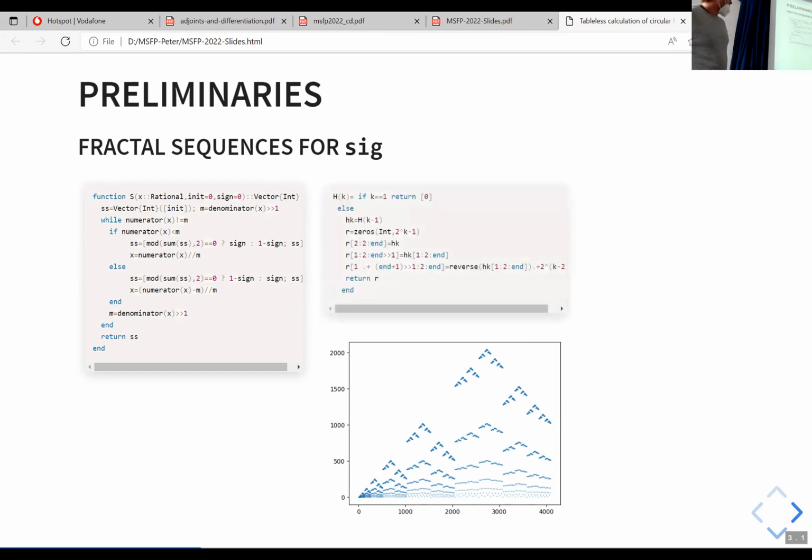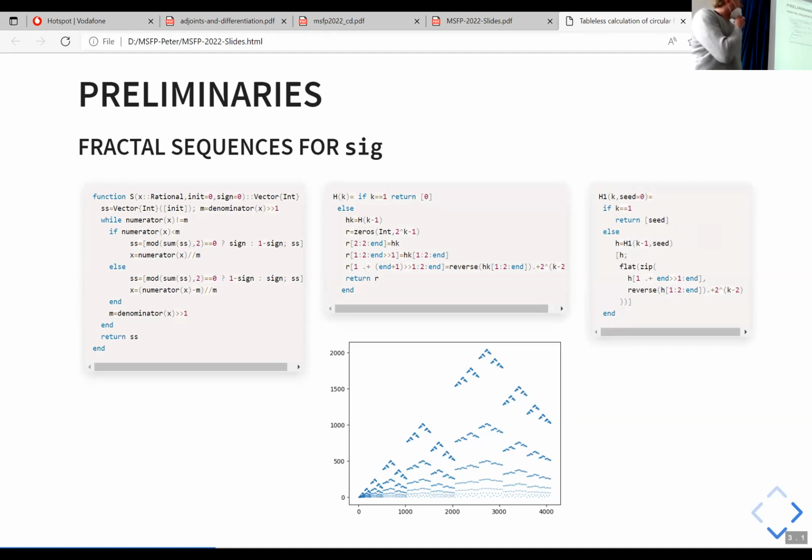If you try to simplify it, you end up with a function like this, which is basically proving that this is a fractal sequence, because it has itself as a subsequence. And with further simplification, it becomes this, which shows some functional programming patterns that are useful here.